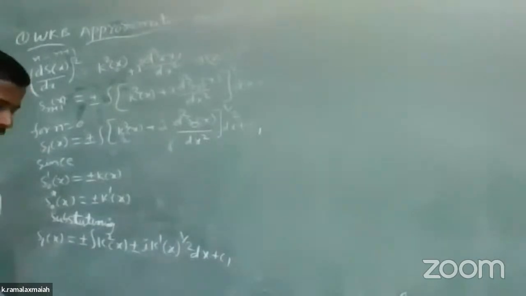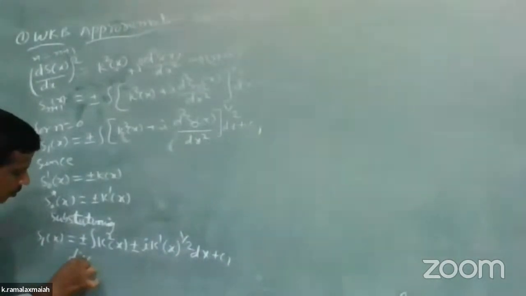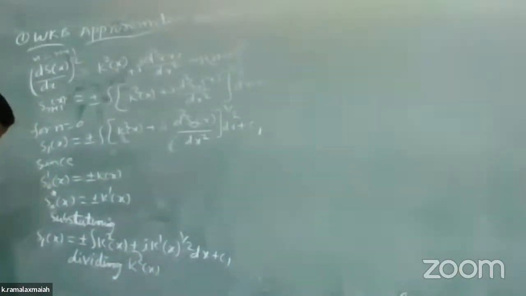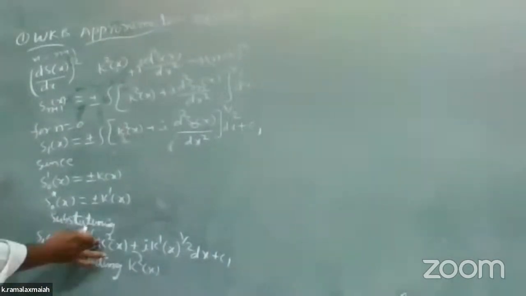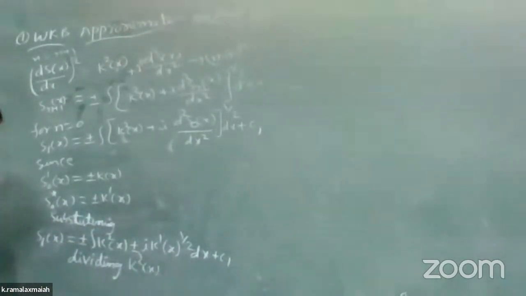So the sign before the square root should be the same as used for the S naught. Here, dividing by k square of x. So you are dividing this equation.